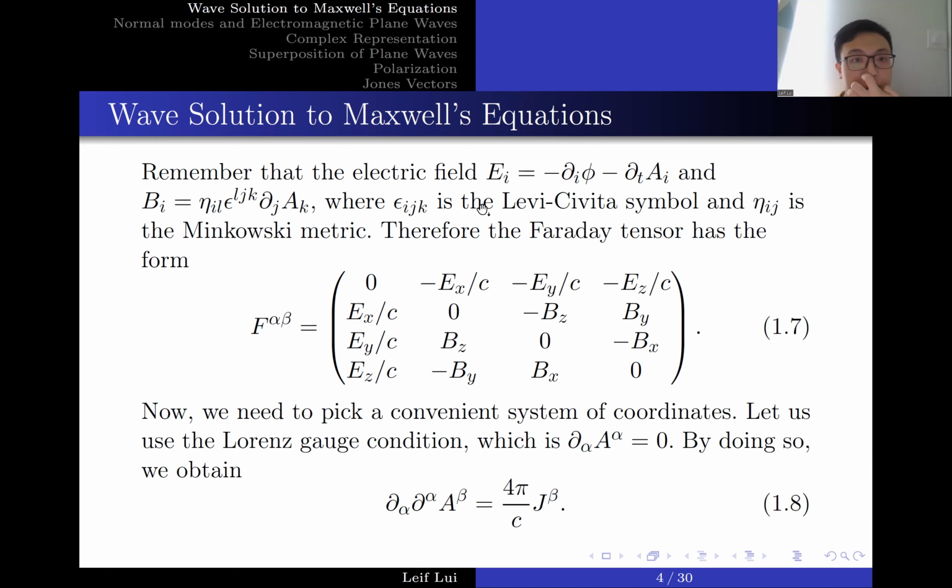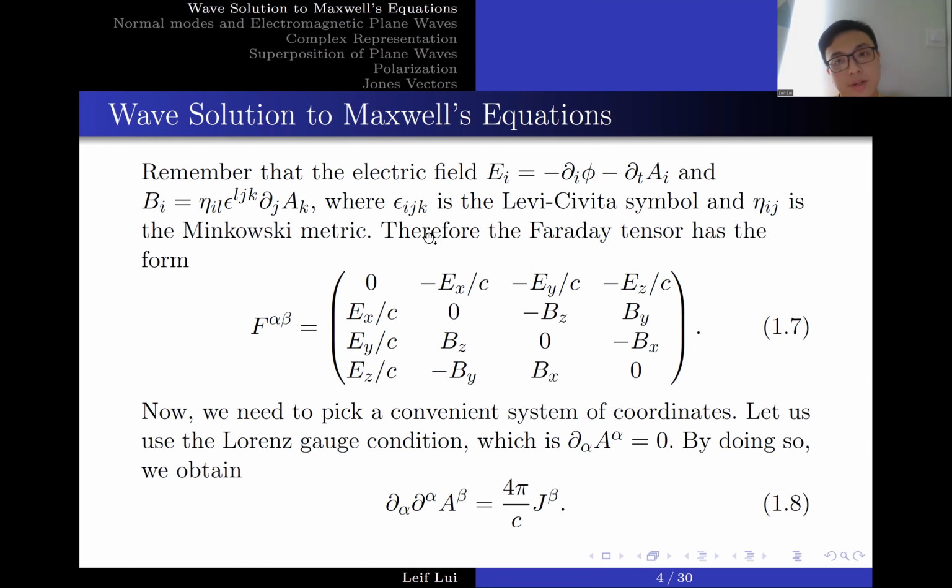The Levi-Civita symbol is a way of representing the cross product. Let's say i is 1, j is 2, and k is 3. If we shift the indices to the left, it will be 2, 3, 1, and if we shift one more, 3, 1, 2, this will always yield 1.